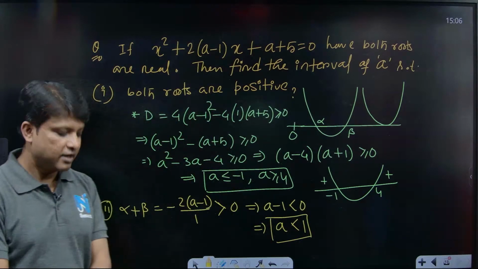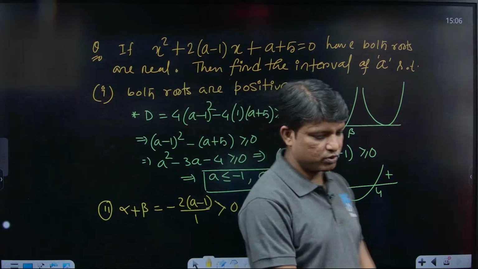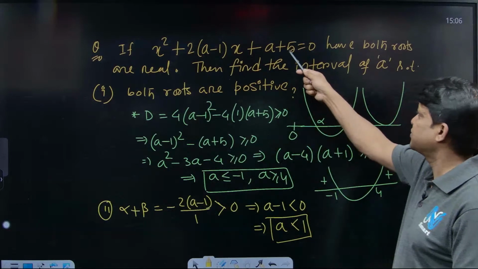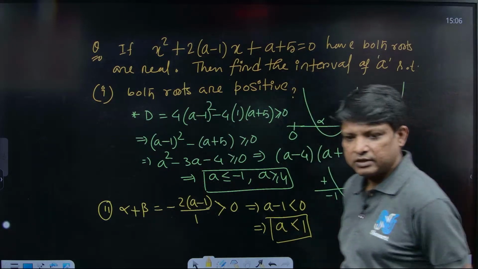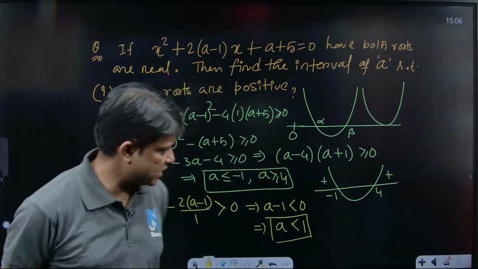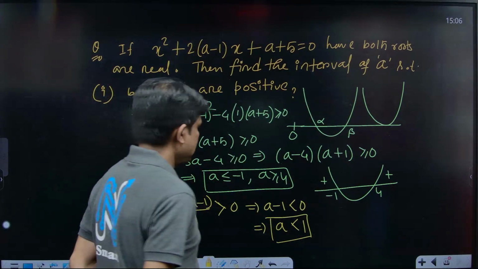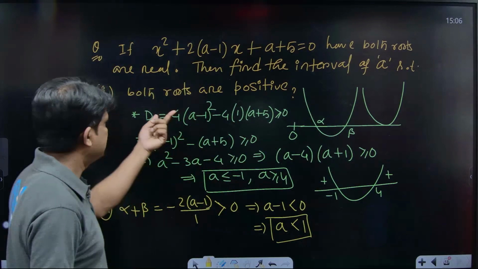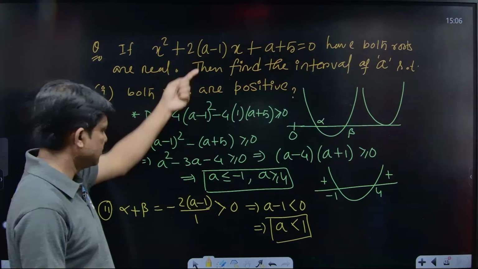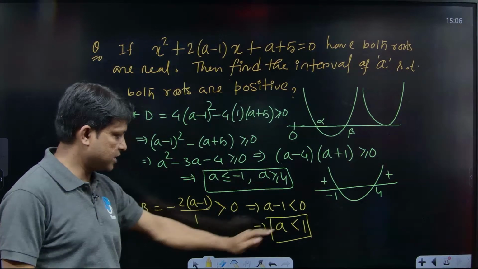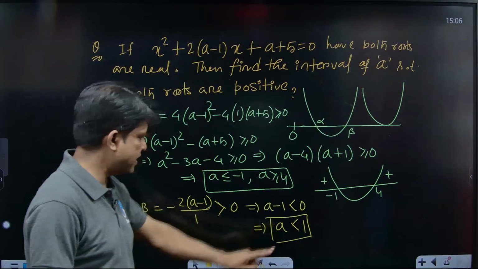Second condition. Now the product of roots is c by the x square coefficient, a plus 5 by 1. This is positive, so a is greater than minus 5. This is the third condition.